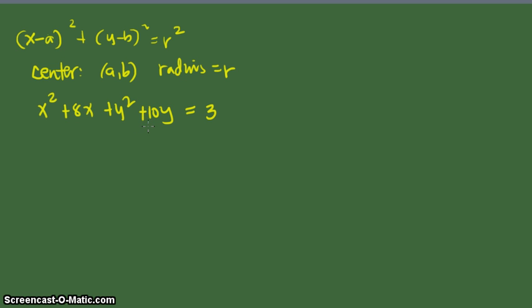Take note that this is already in a different form of an equation. It's very clear that this is different from the standard form because you don't see a parenthesis squared for the x and you don't see a parenthesis for the y. It's directly x^2 + 8x + y^2 + 10y = 3.